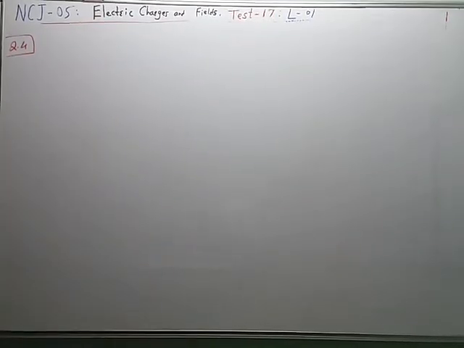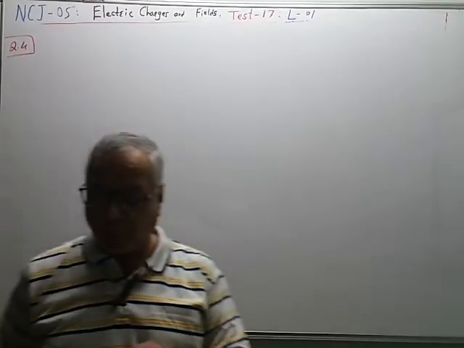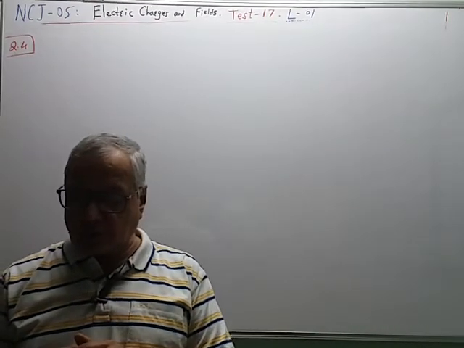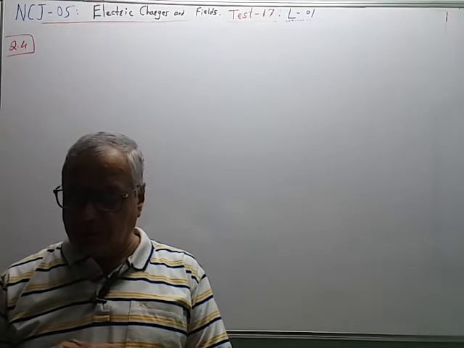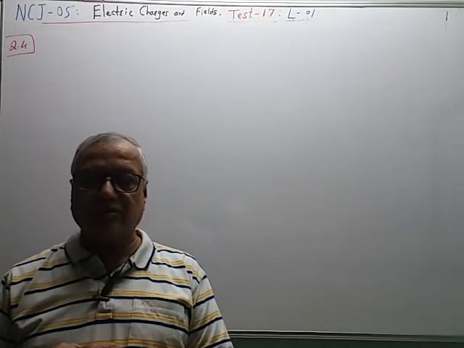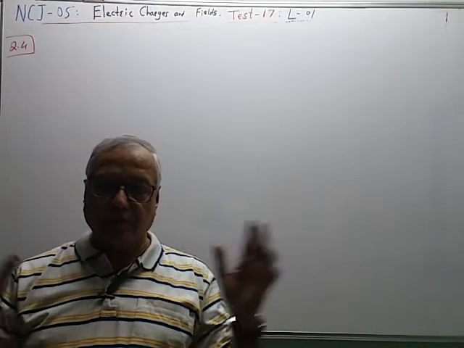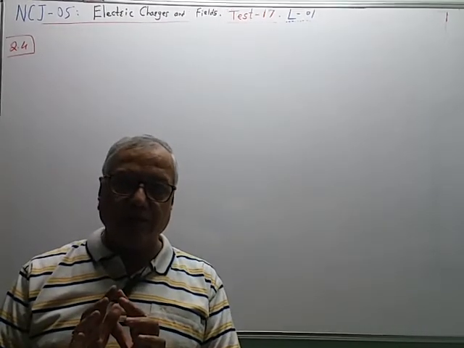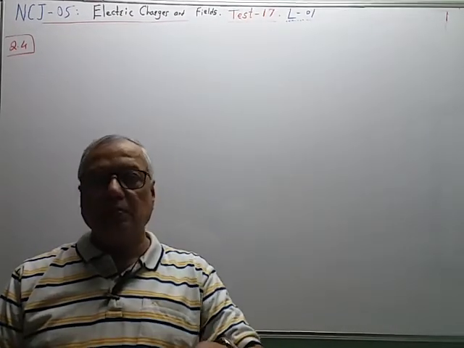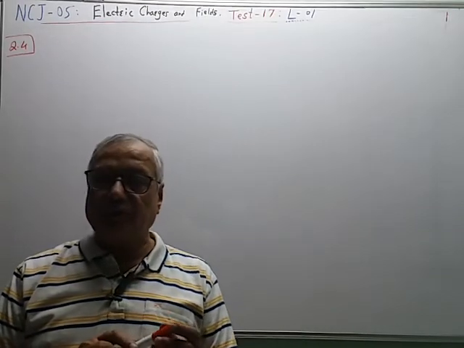Let us see the next question. What is the total charge in coulomb of 75 kilogram of electrons? We collect n electrons, and their mass is given as 75 kilogram.